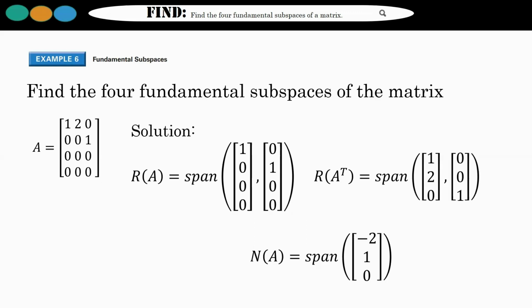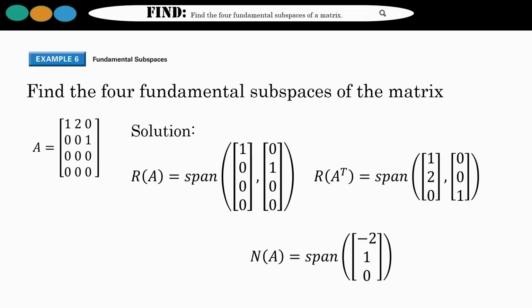To get the other idea in our matrix A, we just need to get the value of x sub 1, where x sub 1 plus 2 x sub 2 is equal to 0. Then x sub 1 is equal to negative 2 x sub 2.